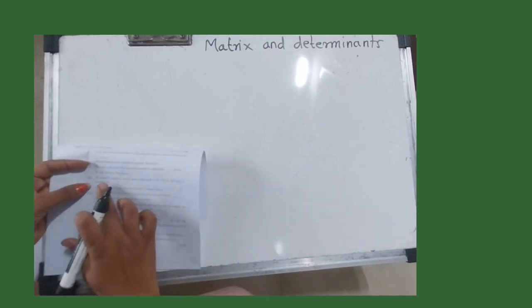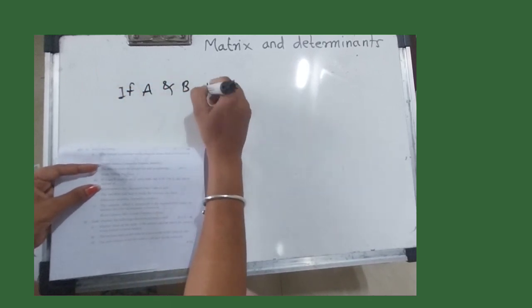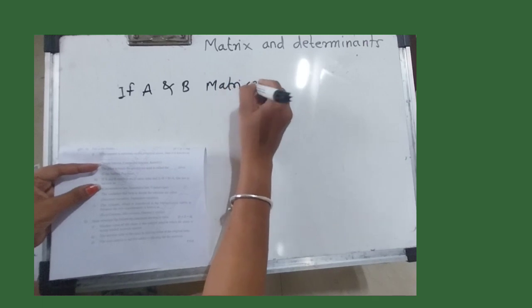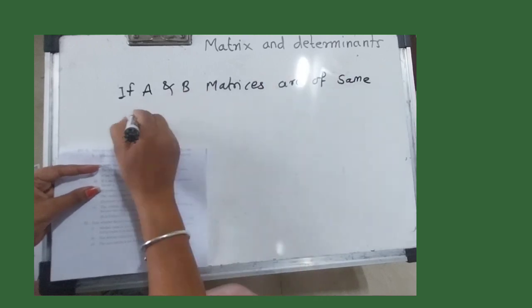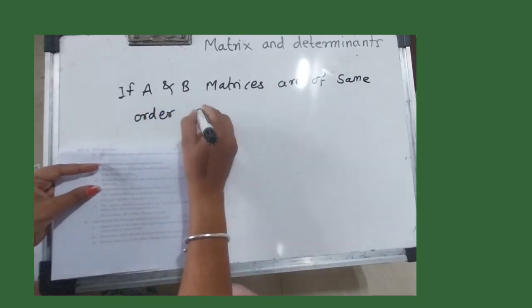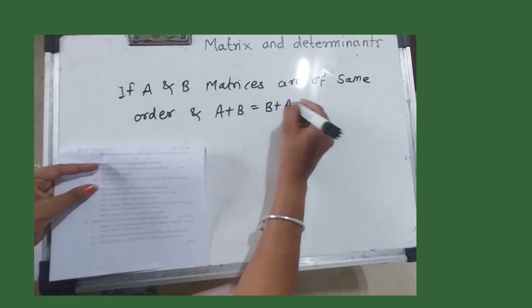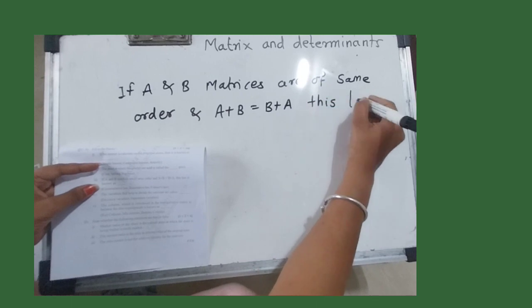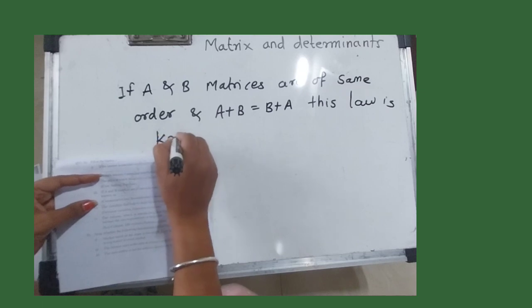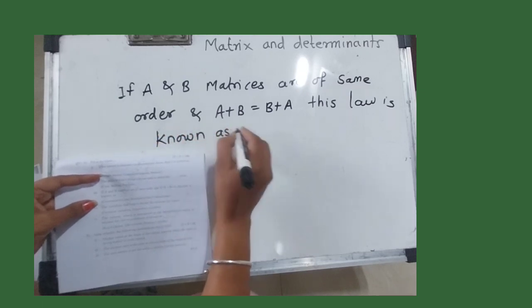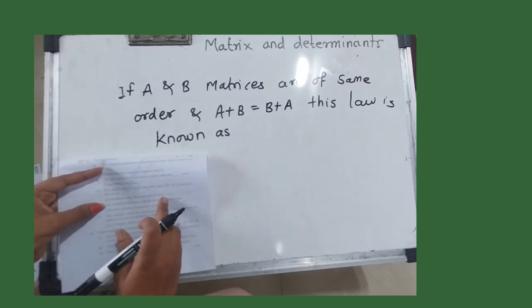Fill in the blanks: if A and B are matrices of the same order, and A plus B equal to B plus A, this law is known as... They give options here: commutative law, associative law and Cramer's law.